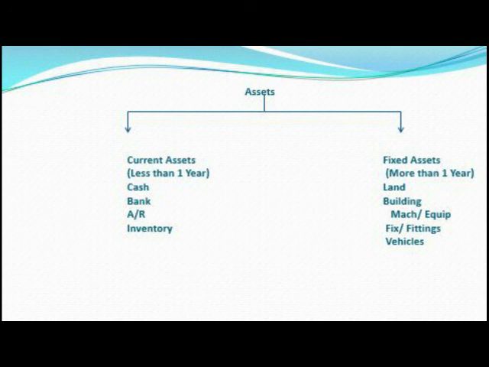Current assets have a life of less than 1 year, whereas fixed assets have a life of more than 1 year, with examples of land, building, machinery, equipment, fixture, fittings, vehicles, motors, etc. They are less liquid resources as compared to current assets, whereas current assets are more liquid, meaning we can use them immediately when we require them. The current assets are cash, bank, accounts receivable, and the fourth one is inventory.